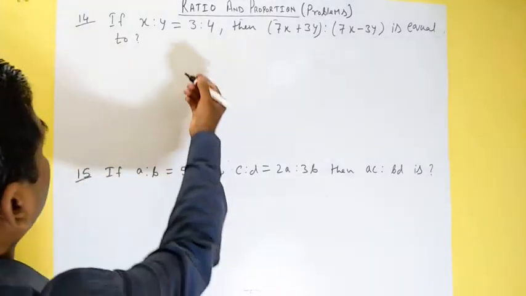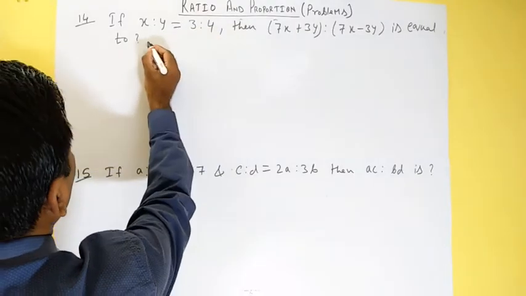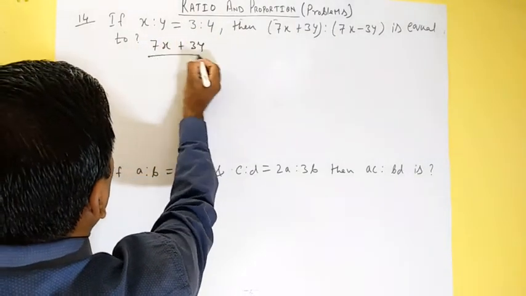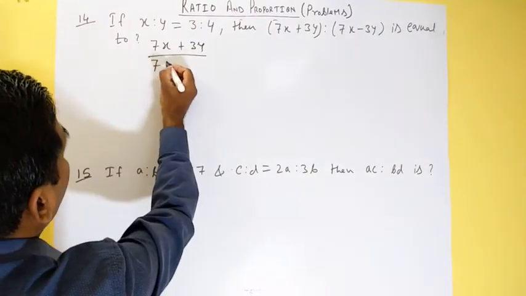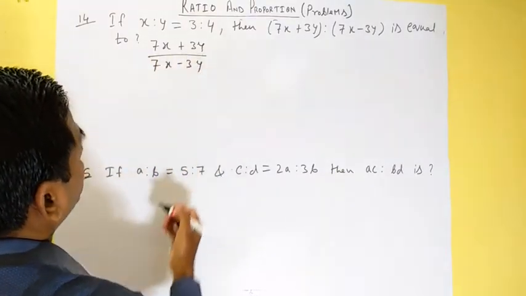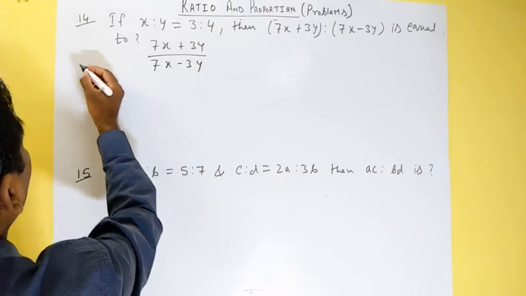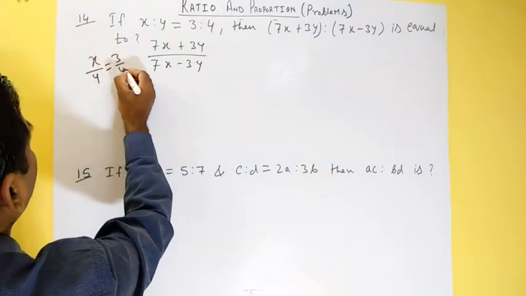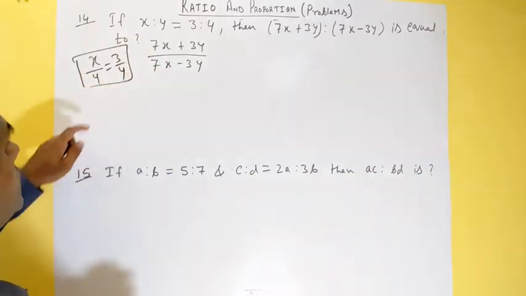So shortcut method is, we can write this 7x plus 3y upon 7x minus 3y. And here we know x upon y is equal to 3 by 4 given.